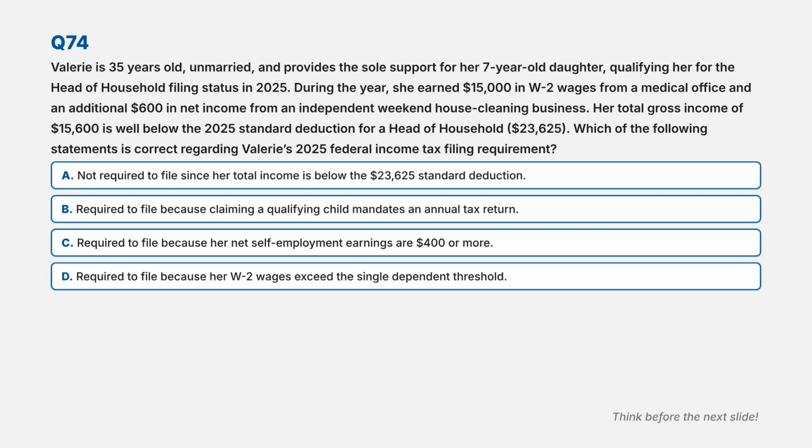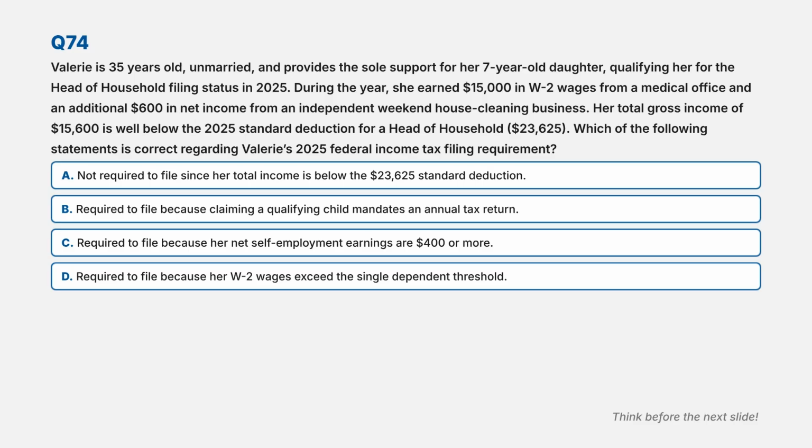Her total gross income of $15,600 is well below the 2025 standard deduction for a head of household, $23,625. Which of the following statements is correct regarding Valerie's 2025 federal income tax filing requirement?